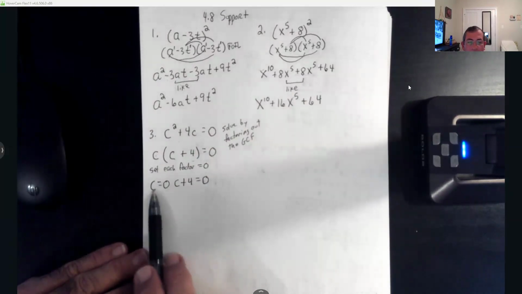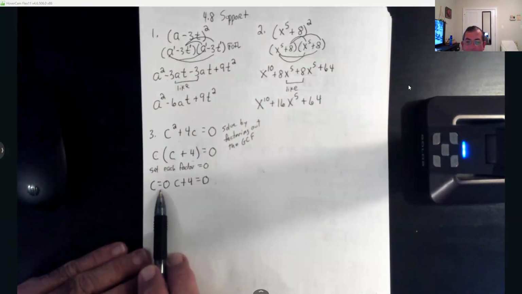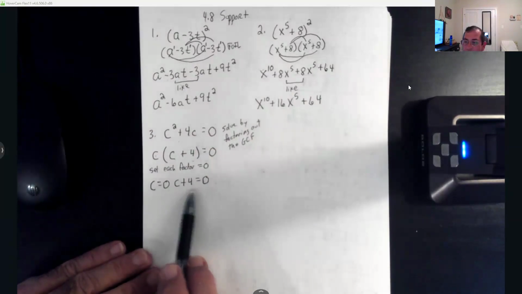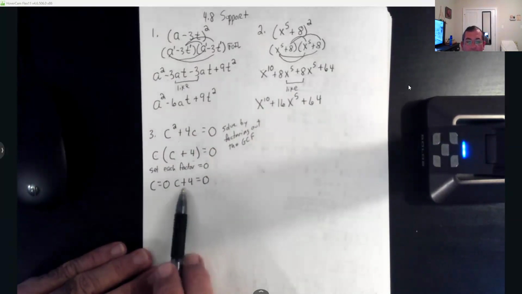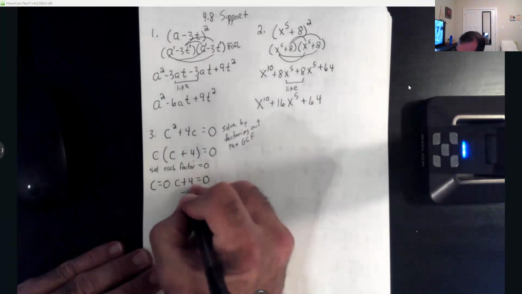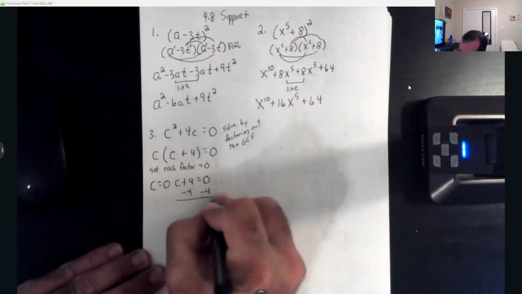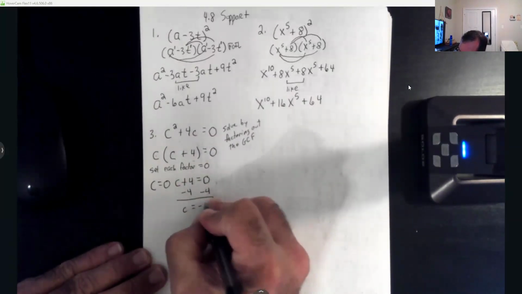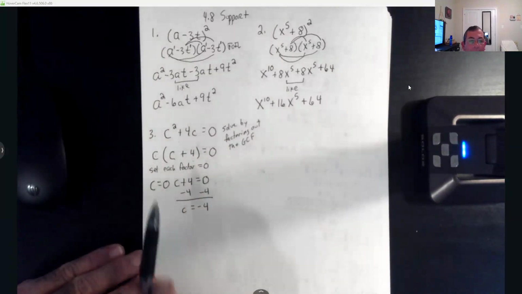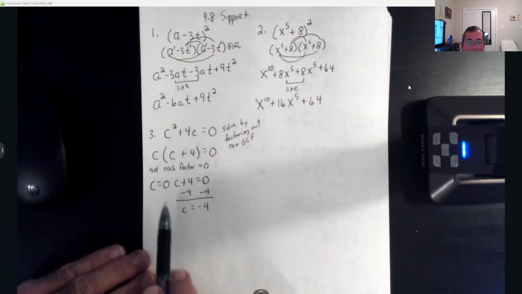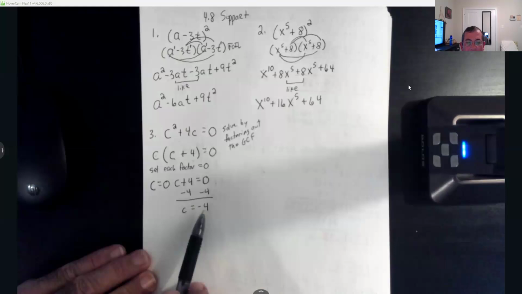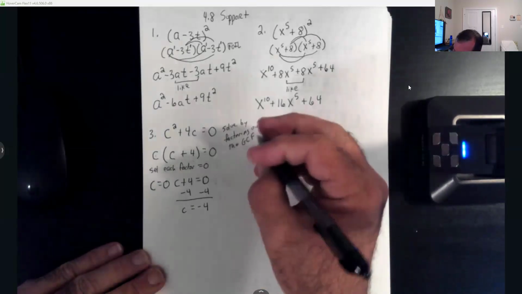All right, y'all, well, this one's done. c equals 0. Can't do nothing to that. But on the c plus 4, we're going to subtract 4 on this one. And I get c equals negative 4. So I still got two answers like I needed. I got 0 and negative 4.